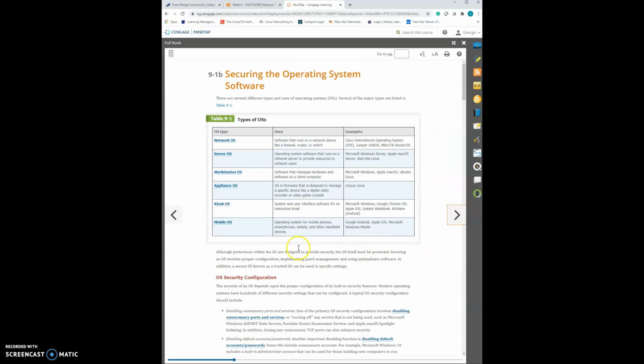Security operating systems. You will learn a lot about this because this is one of the first steps you do to get a golden image in a lot of classes. You want to basically get your server OS, your workstation OS, your network OS, which will relate to switch, access point.